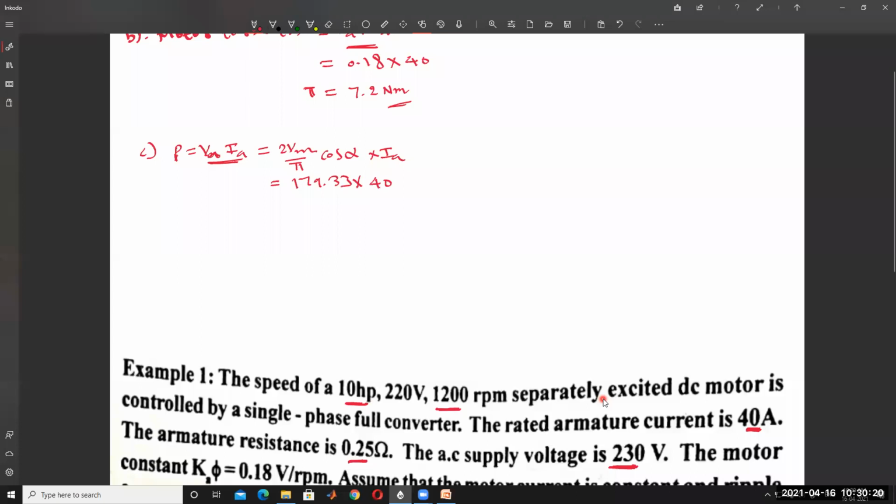How much? 7173 watts. This is called power. It's clear? So these are the three answers for this question. It's clear, all of you?